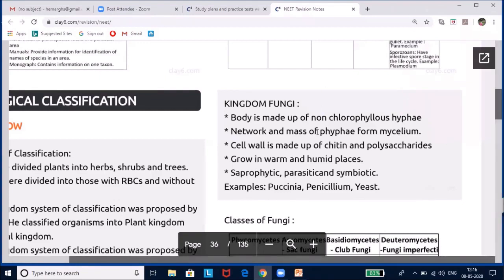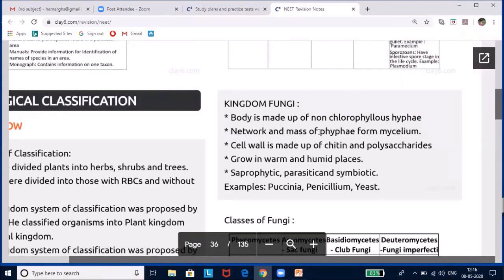These are heterotrophic organisms, which can live both as parasites or saprophytes. The body has long, slender, thread-like structures called hyphae. A mass of hyphae forms the mycelium. They can also get into symbiotic relationships, as in lichens with algae or mycorrhiza in the roots of higher plants.